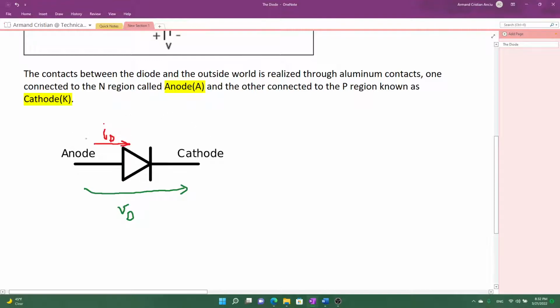Please note how I wrote these quantities, the current and the voltage.